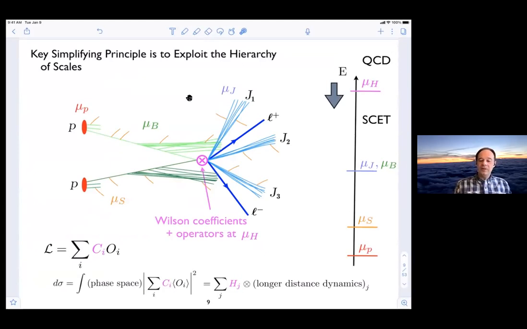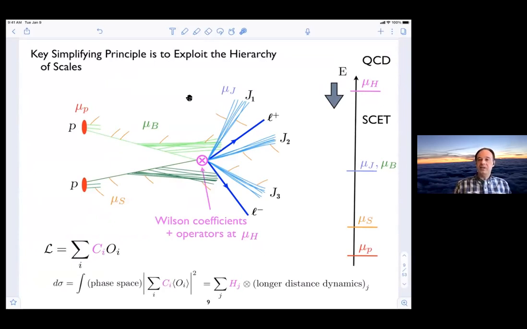The first thing to think about is the hard scale. It's the largest scale in the problem. This is a top-down EFT, so we can take QCD and systematically match onto the SCET. The first thing to do is just integrate out those hard particles in the way I've described. That shrinks whatever was happening at the short distance collision that's tying together the collinear particles into a short distance blob.